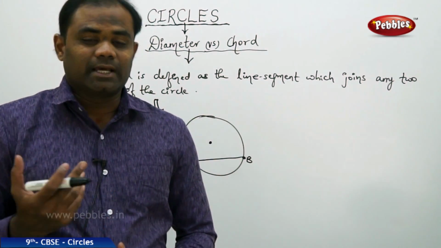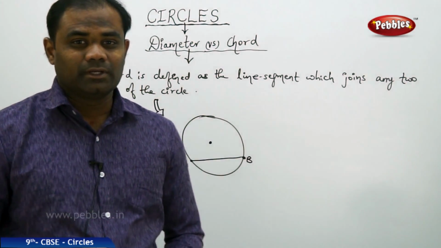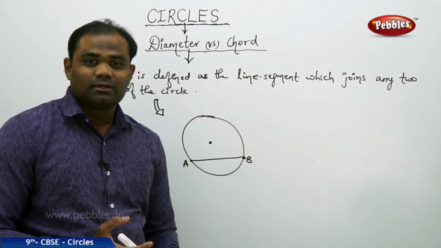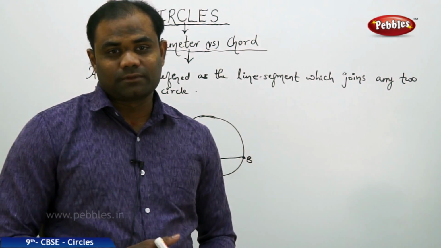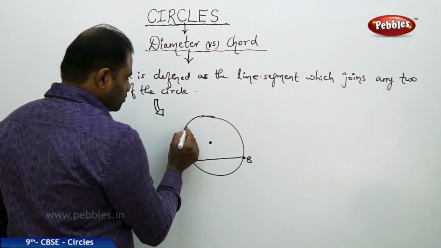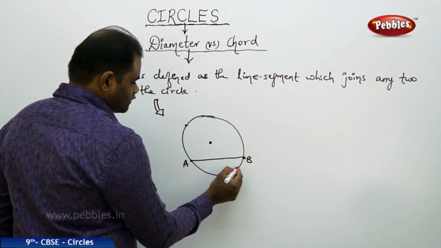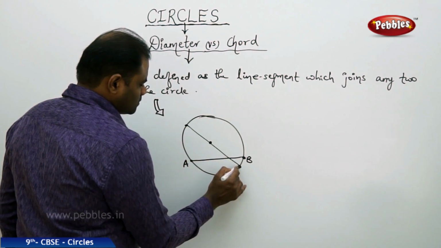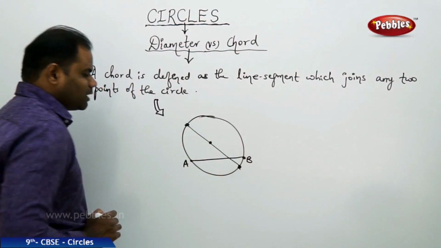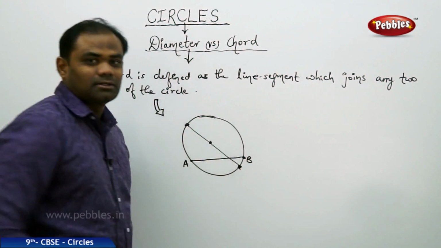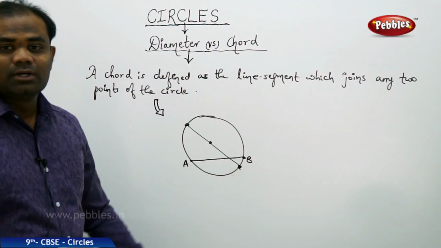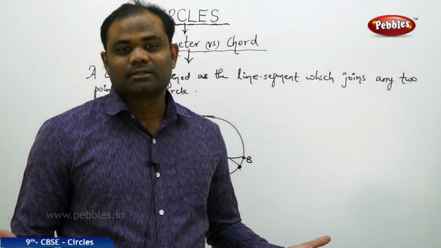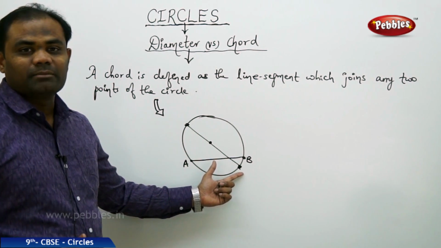Then what is a diameter and how is it connected to the chord is clearly understood through this definition, because diameter is a line which passes through the center of the circle. So if I connect any 2 points in such a manner that it passes through the center, then I can say that a line segment or a chord which passes through the center is the diameter, because a chord is defined even for a diameter.